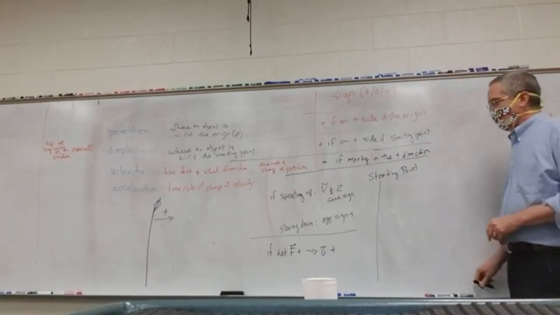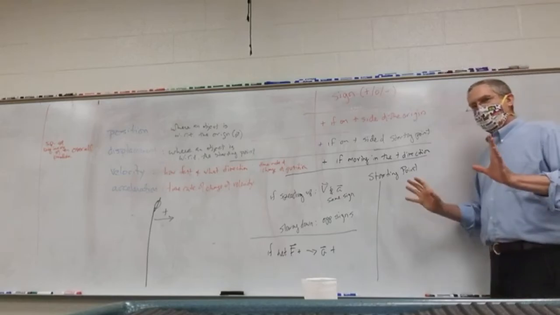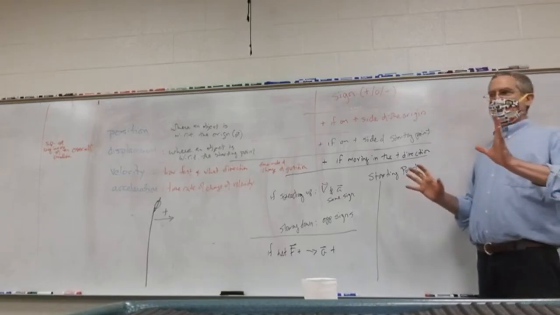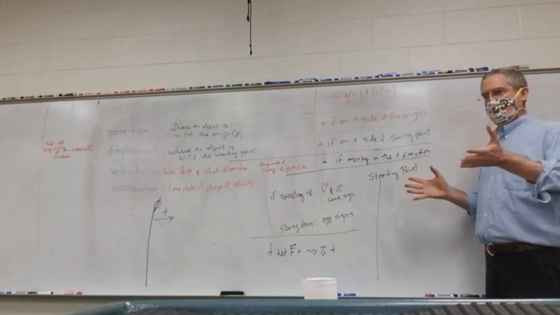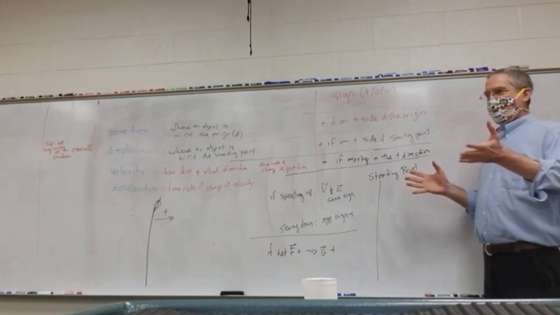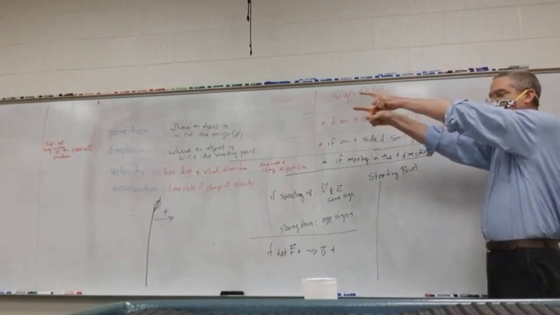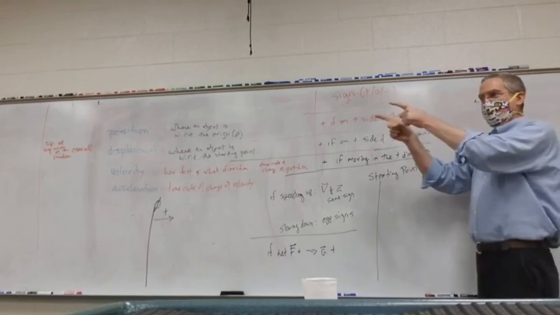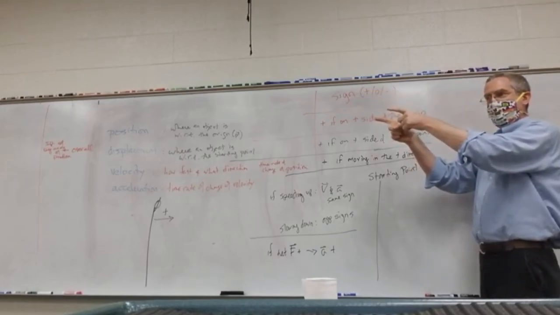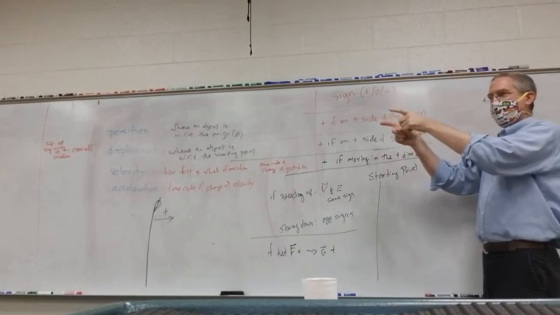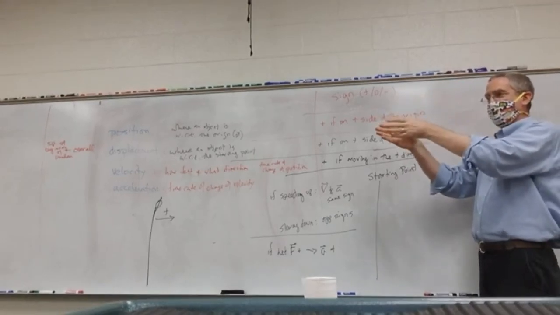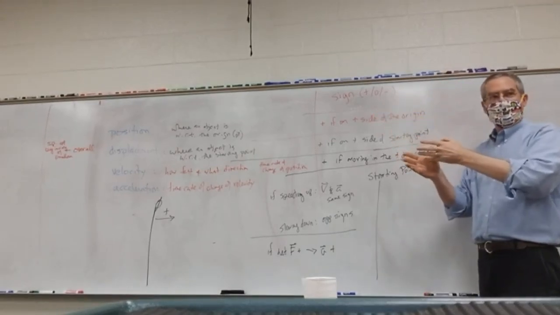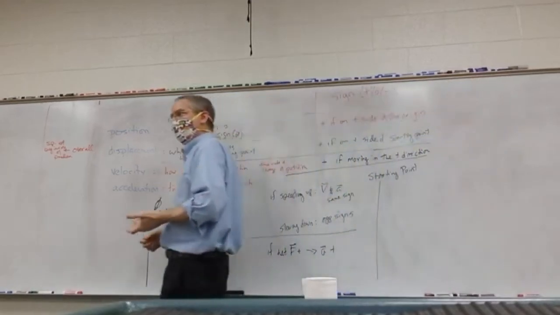So let's see how that plays out. So I'm starting right here. My velocity is 0. If I start moving in the negative direction, what will my velocity be? Because velocity cares about which way I'm going, so if I go in the negative direction, then it's negative. So negative velocity.